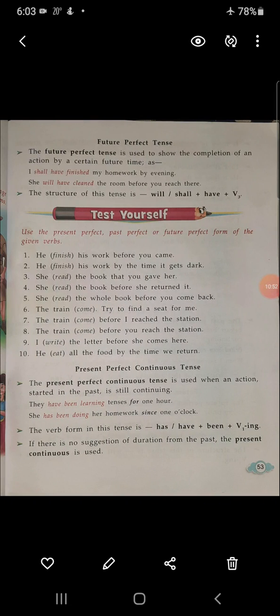Now the future perfect tense. The future perfect tense is used to show the completion of an action by a certain future time. As, I shall have finished my homework by evening. She will have cleaned the room before you reached there. So this future perfect tense is to show the completion of an action by a certain time in the future, that which has not been decided, right?